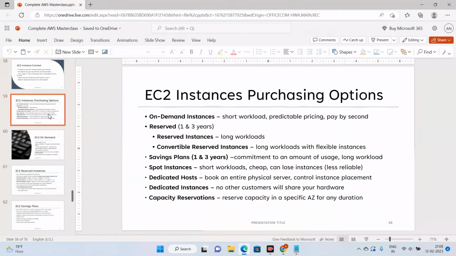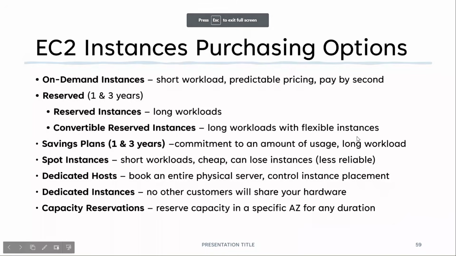Now let us talk about EC2 instance purchasing options, because there are a lot of types of instances we saw. There are certain purchasing options that you should keep in mind while you are creating an EC2 instance: on-demand instances, reserved instances for 1 or 3 years, convertible reserved instances, savings plan, spot instances, dedicated hosts, dedicated instances, and capacity reservations.